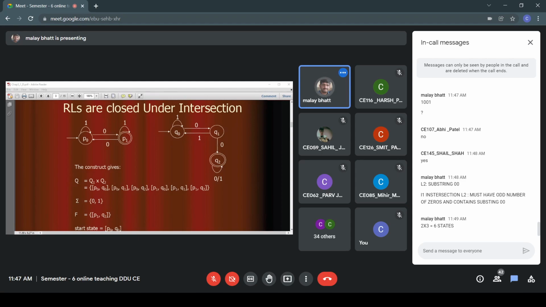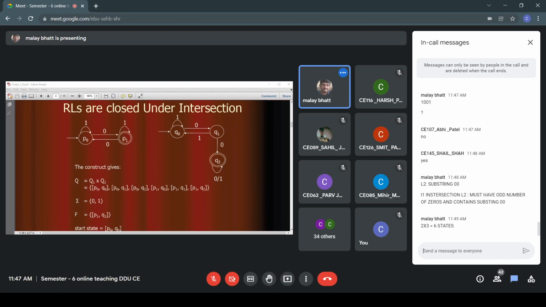When you consider the set Q, it is made of ordered pairs. You can see, the first state is P0 Q0, then P0 Q1, then P0 Q2. Similarly, we have P1 Q0, P1 Q1, and P1 Q2. So this is how we get 6 different states. The input alphabet must be the same for both.